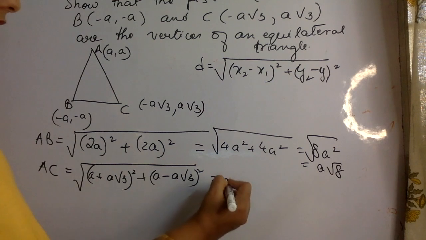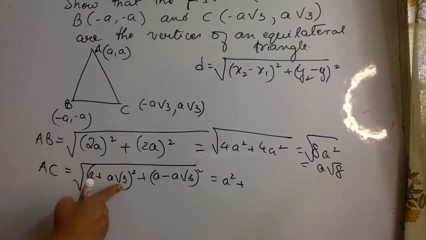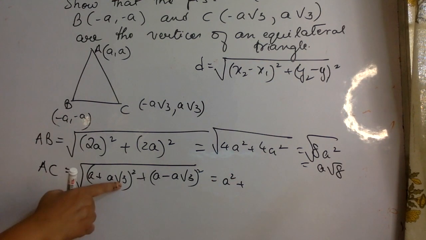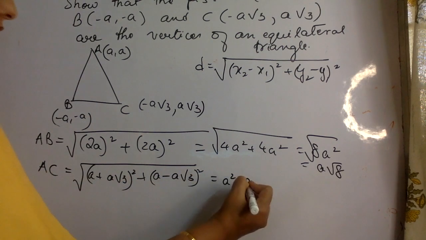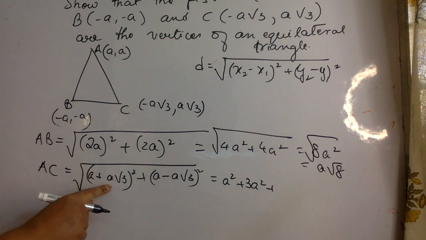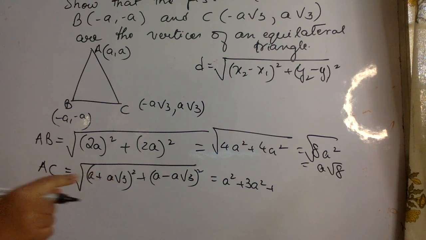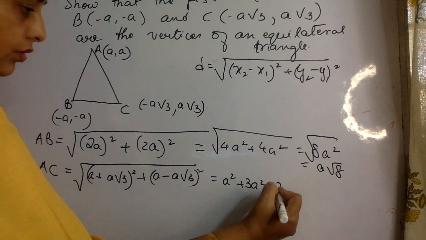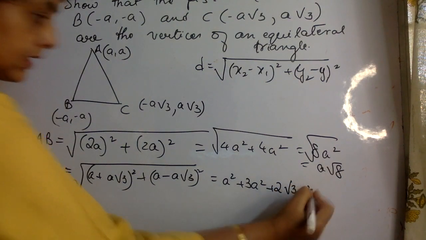So it is a square plus, if I square this, root 3 into root 3 makes a 3, so 3a square plus 2 root 3 a square.